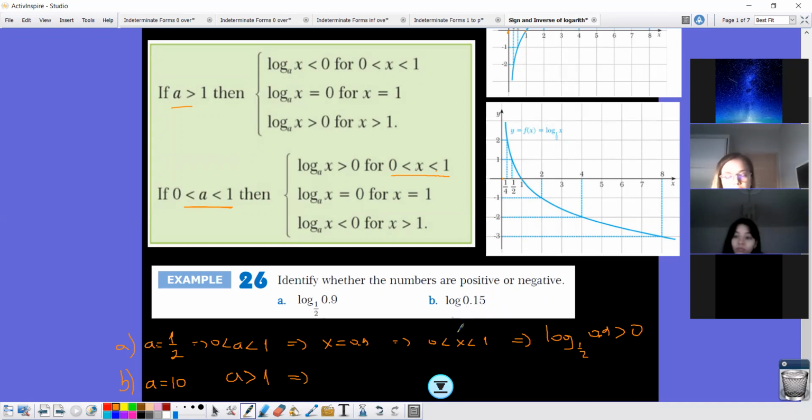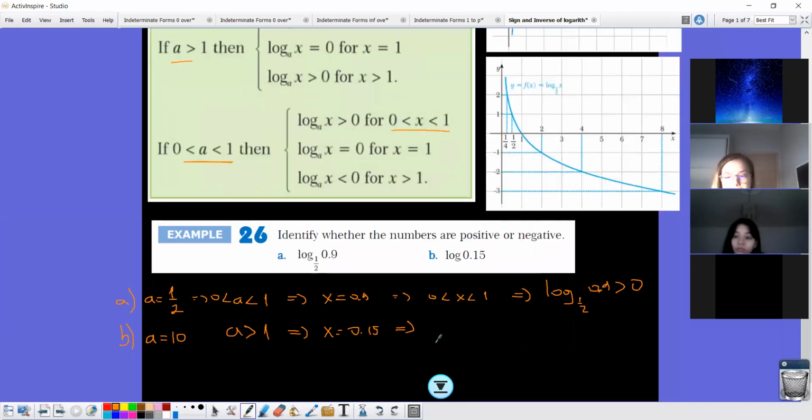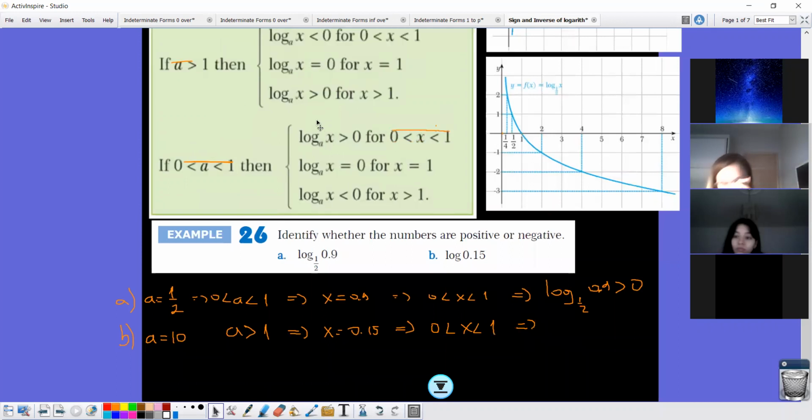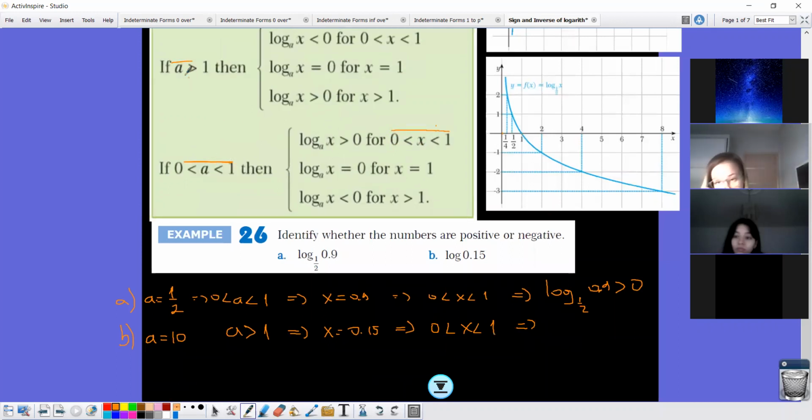It will be 0.15. Okay, so this one, 0.15, is again between 0 and 1. Yes, so I will go up there to check. When a is greater than 1, here, and x is between 0 and 1, what is your logarithm? Less than 0. So the logarithm of 0.15 to the base 10 is less than 0.